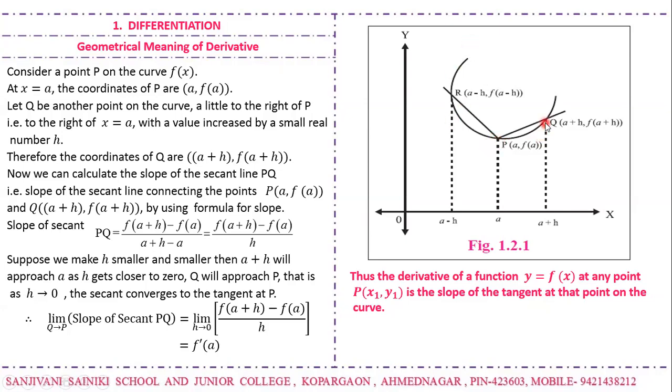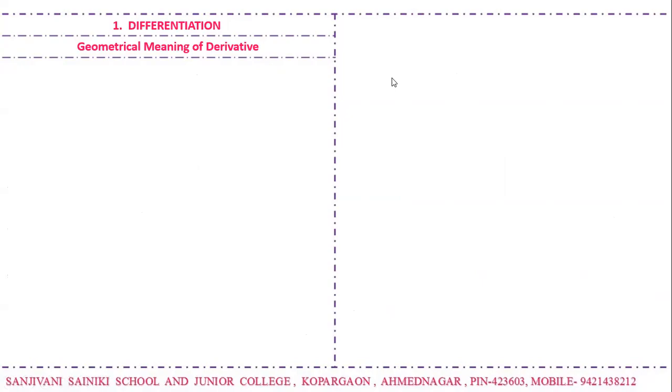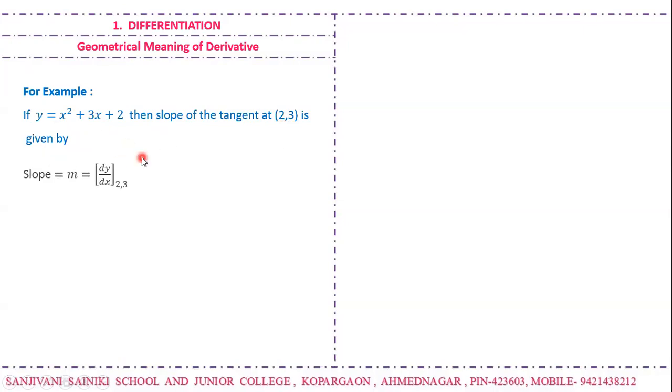Finding the derivative of the curve at any point gives the slope of the tangent to the curve at that point. Now for example, suppose y is equal to x square plus 3x plus 2, then find the slope of the tangent at 2, 3. This is the curve, so we will find its derivative. Slope is nothing but the derivative of this curve at the given point.